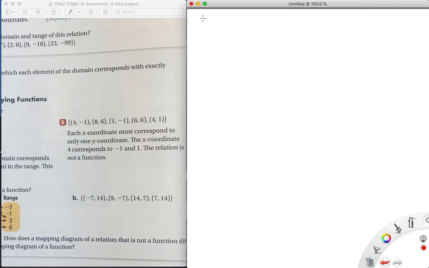So if you want to think about it that way, you can have the same y values, or the same outputs.